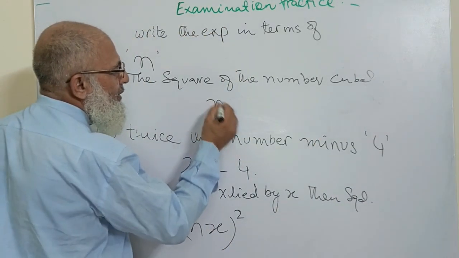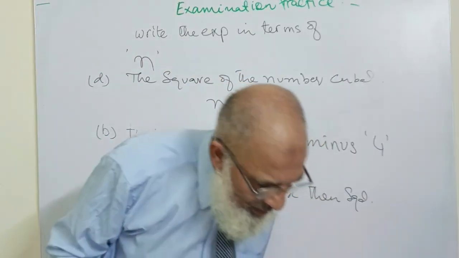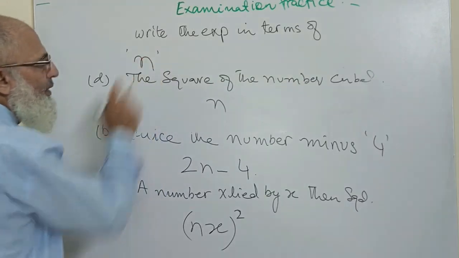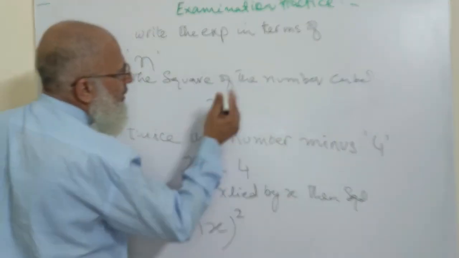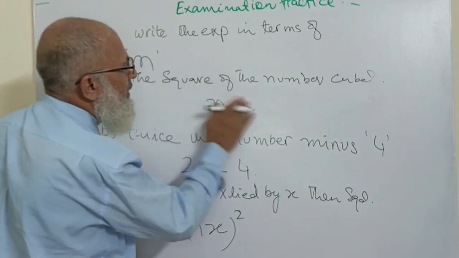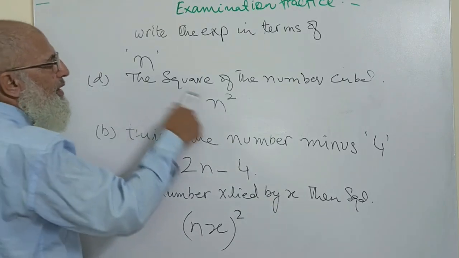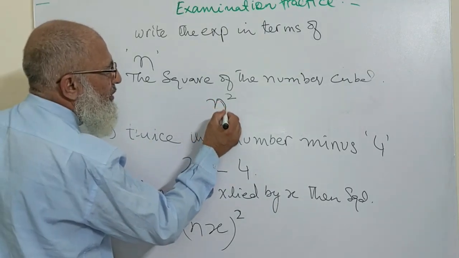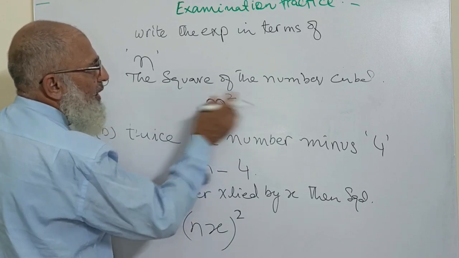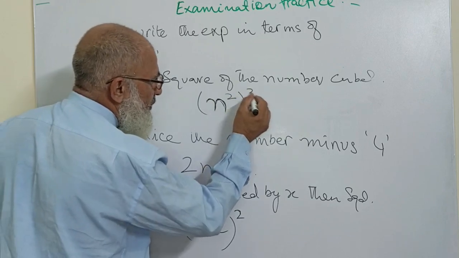The number is again n, and the square of the number. Now, square of the number is this, right? This is n and this is the square of the number, and it has to be cubed again. So it will be written like this.